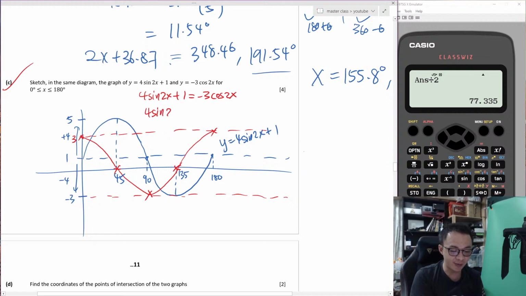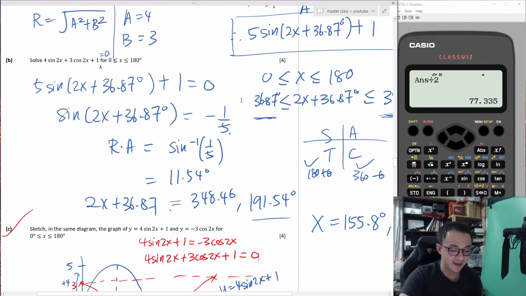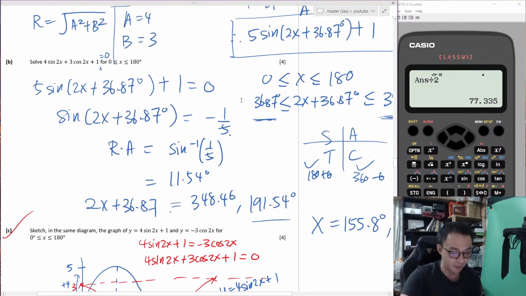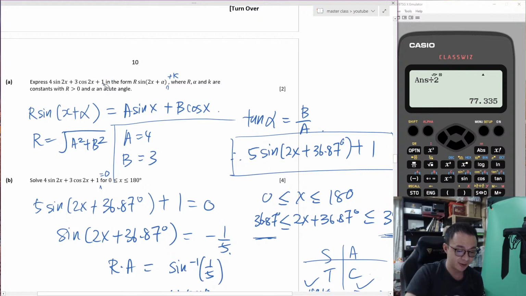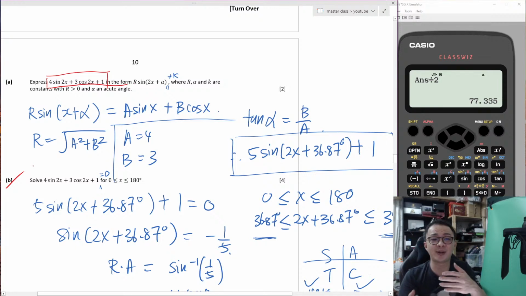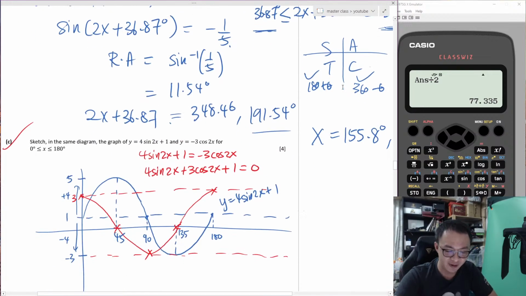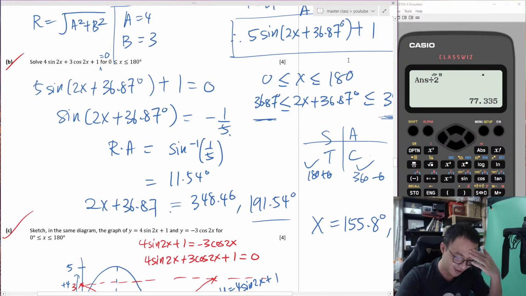This is 4 sine 2x plus 3 cos 2x plus 1 equals 0, which is exactly the same equation we did in part B. There we made it equal to 0 and got the 2x value, so that 2x value will be my intersection point.